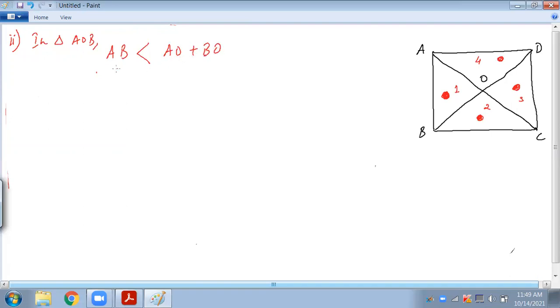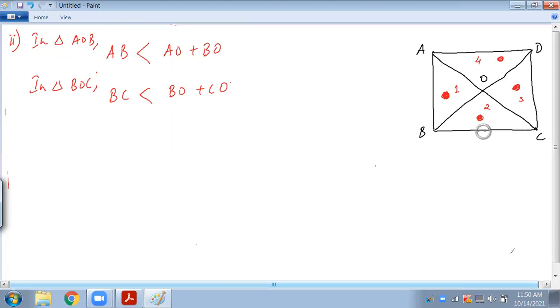Sum of 2 sides is greater than the third side, or a single side will be less than the sum of the 2 sides in a triangle. Again, in triangle BOC, BO and CO are part of the diagonals, so we'll keep them on one side, and the side of the quadrilateral BC we'll keep on the other side. We know the sum of any 2 sides is greater than the third side, or a single side will be less than the sum of the other 2 sides.